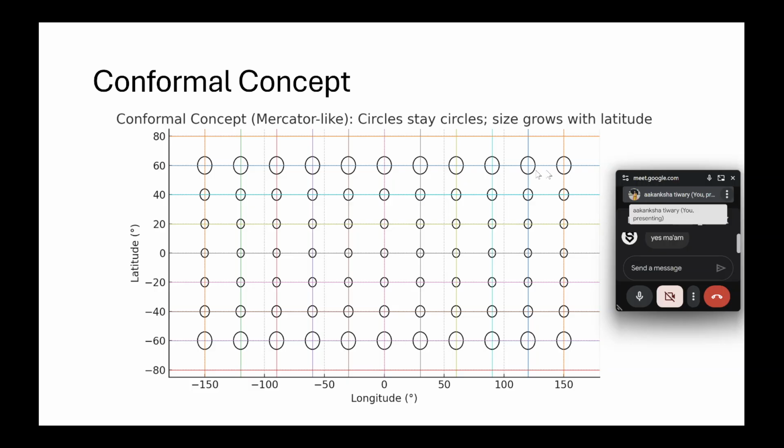This is basically the Mercator one. So you can see here the area of the circle is increasing as you go away from the equator. That means whatever features you are looking at, they are actually bigger in the map than in the real world as compared to this one. Okay.